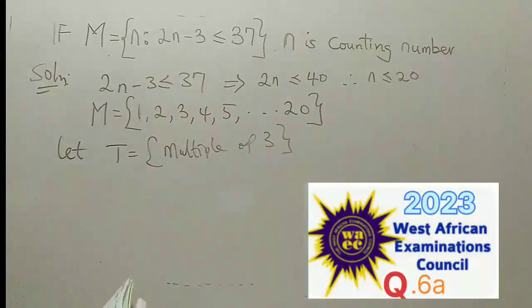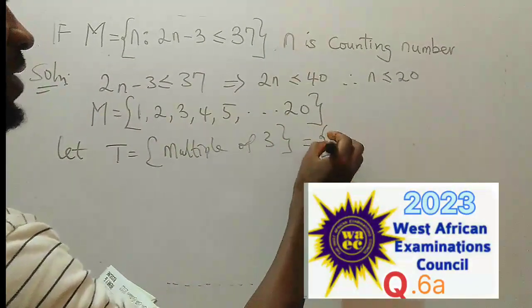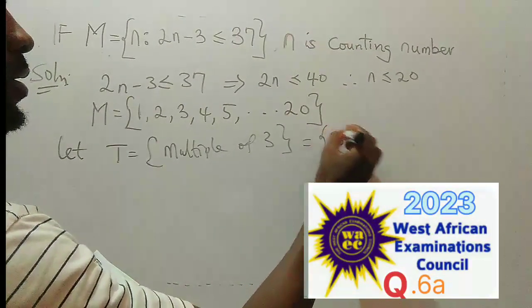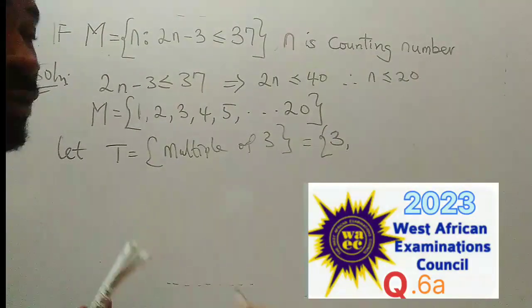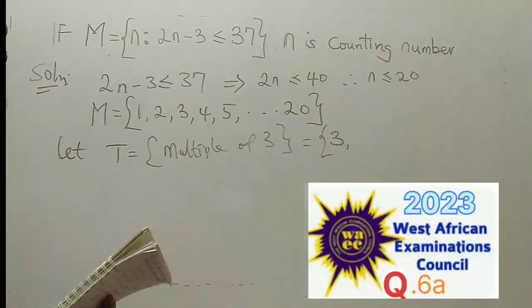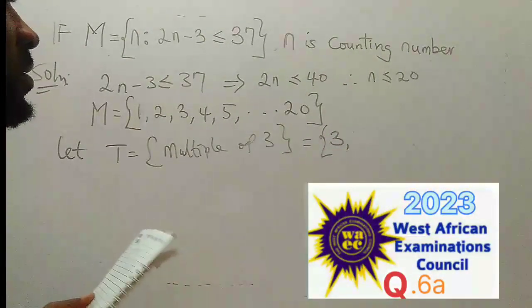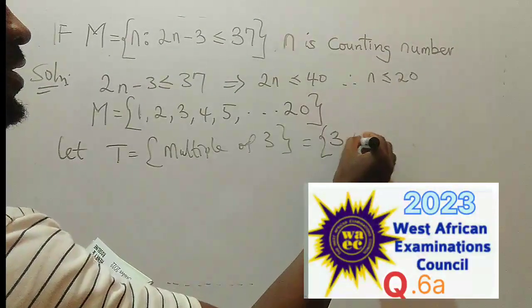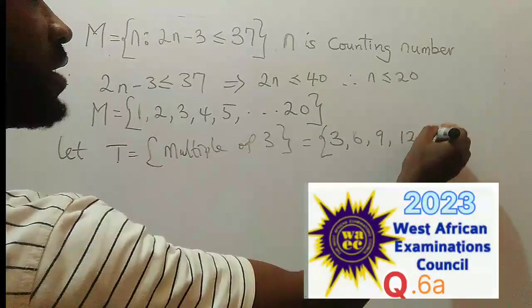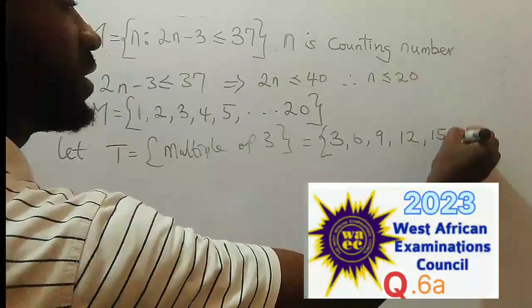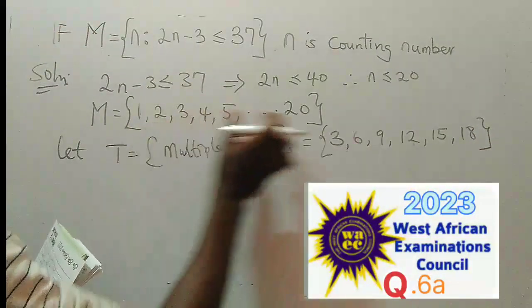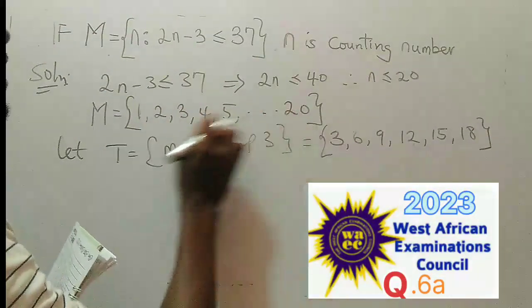If I'm to list the elements of this set, multiples of 3 simply means those numbers that 3 can divide without remainder, okay? So we're having 3, 6, 9, 12, 15, 18, and then we'll stop because we are going to pick the multiples of 3 that fall within this range.